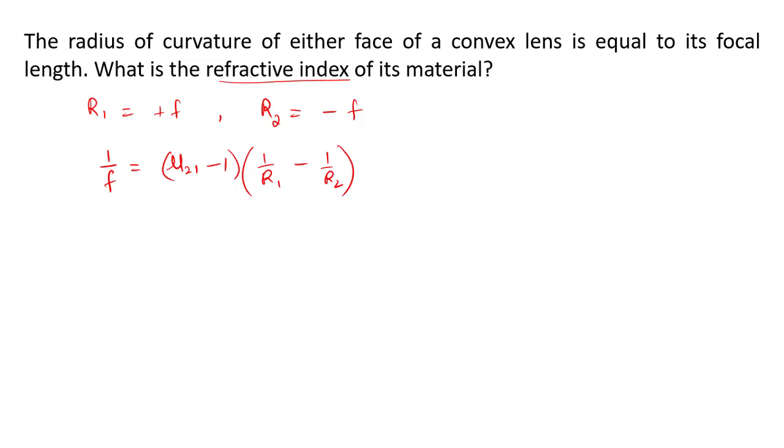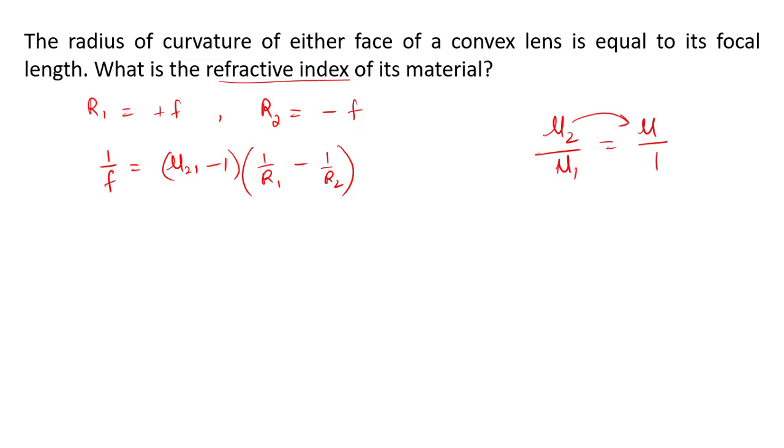So mu21 is mu2 by mu1. We want to find mu2. Let it be mu. Mu2 is mu and mu1 is 1. Mu2 is the absolute refractive index of the material, and mu1 is air.